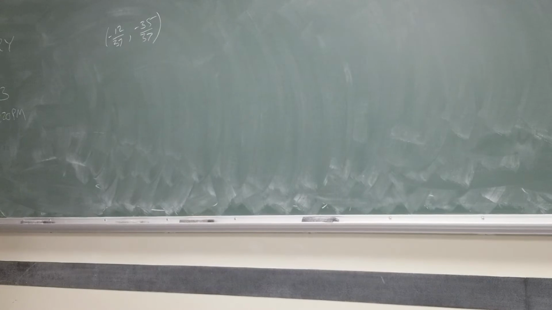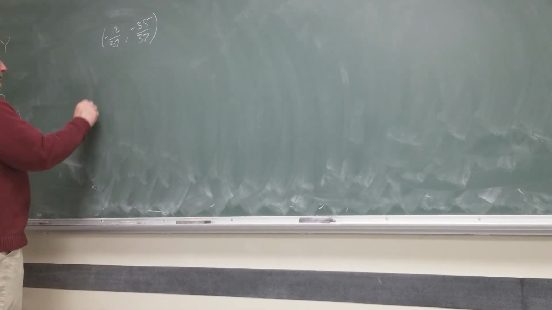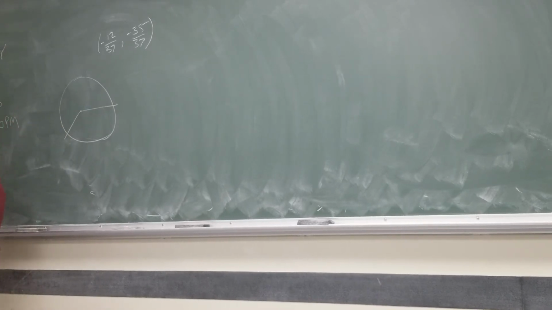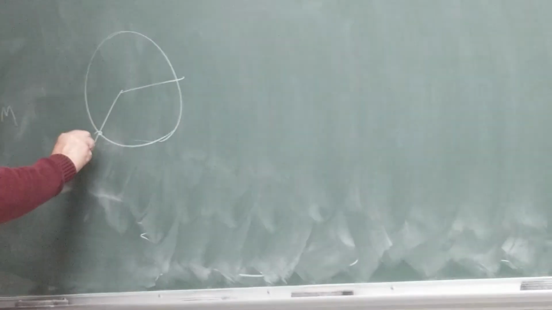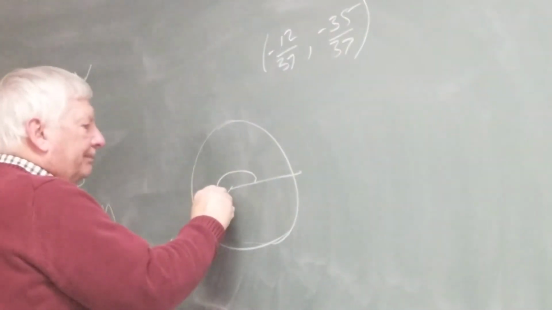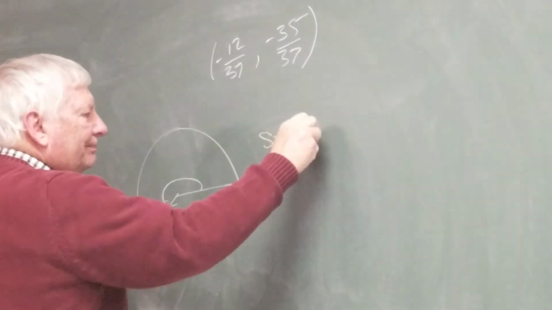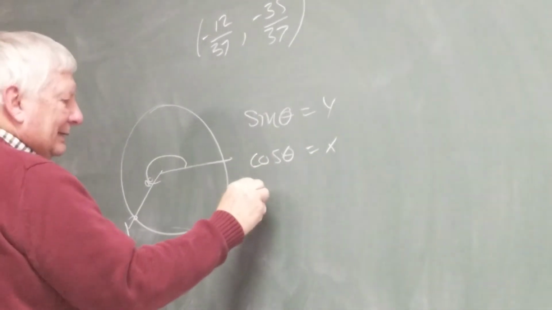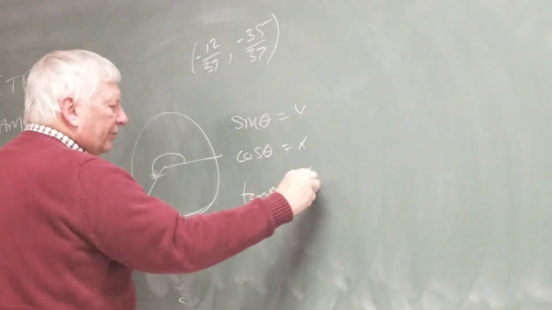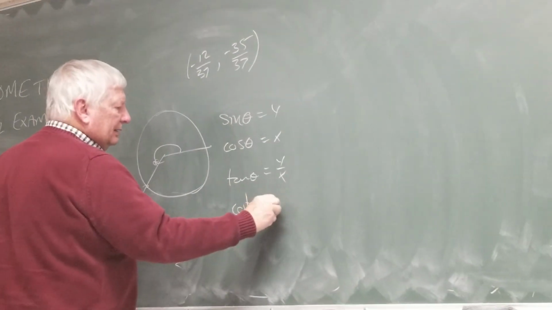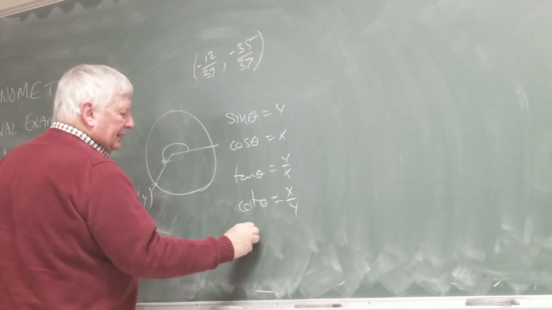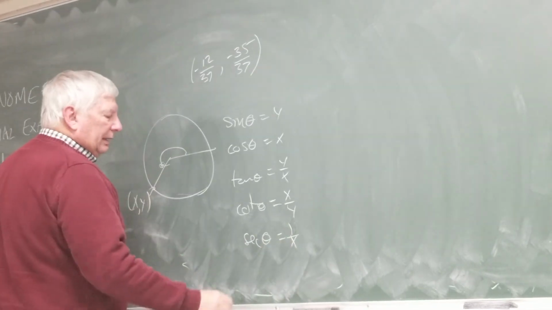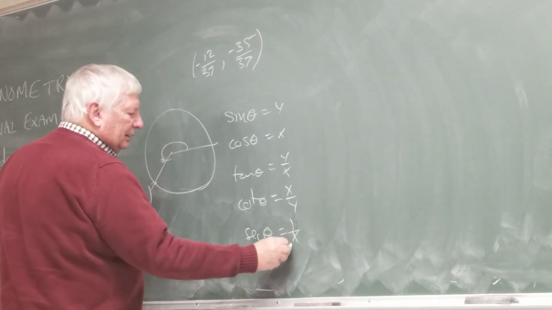You don't need to know that to work the problem, but if we have a unit circle, some angle in standard position, coordinates x, y, then sine of theta is y, cosine of theta is x, the tangent of theta is y over x, the cotangent of theta is x over y, the secant of theta is 1 over x, and the cosecant of theta is 1 over y.